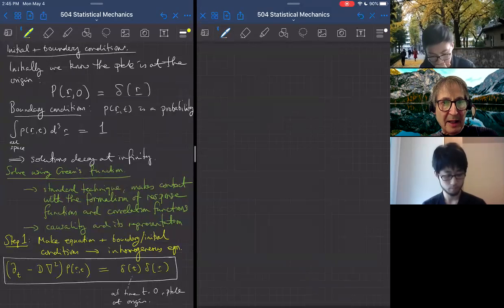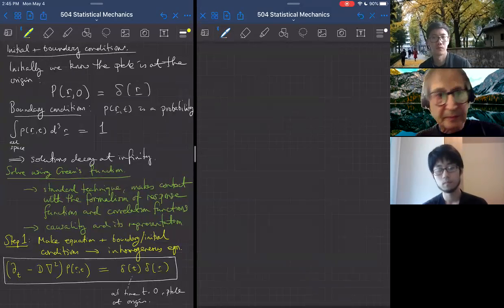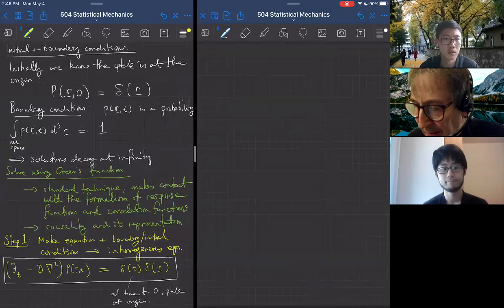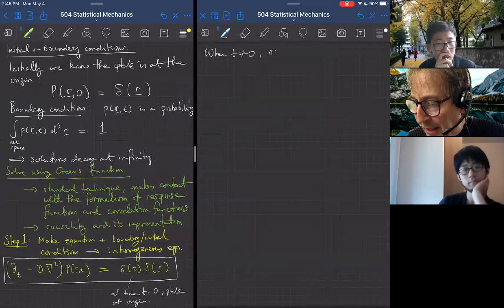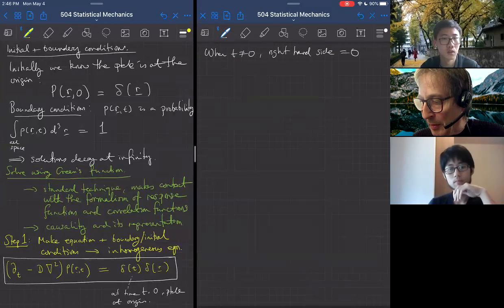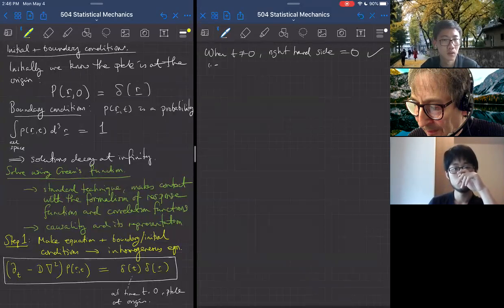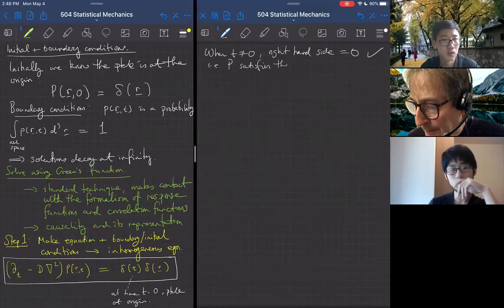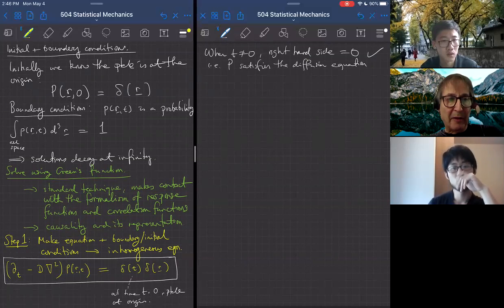So what is the proof of this? When t is non-zero, the right-hand side is equal to 0, and so P satisfies the diffusion equation. So check mark for that.